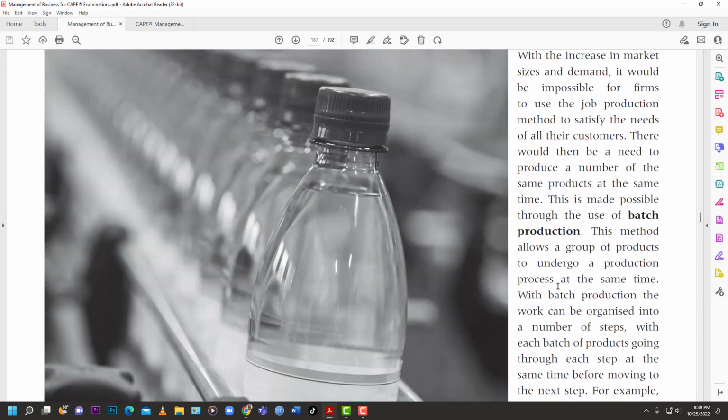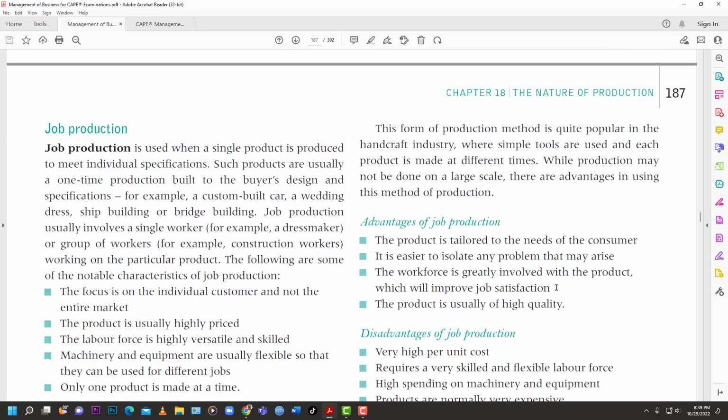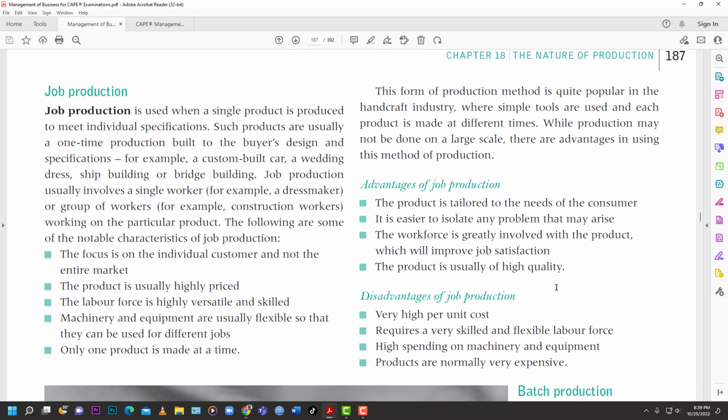So job production, as the name suggests, you take on a single job. For example, if you're making something customizable, then that would require a job production method, because you have to sit down and work on that particular product, as everything is to certain specifications.